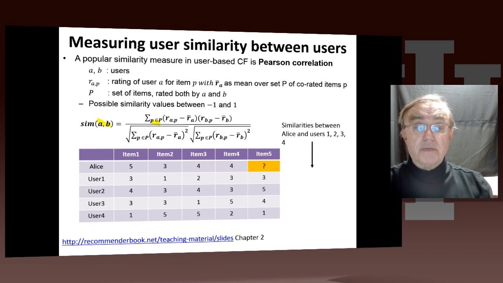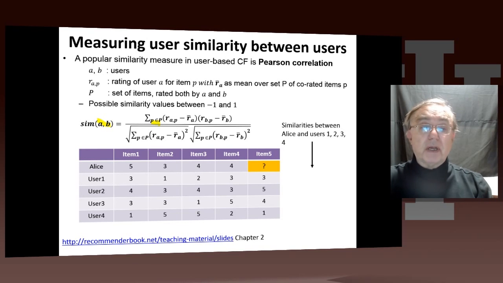You look at the rating of A minus the mean rating of A, the rating of B minus the mean rating of B, and you normalize by the square root of the sum of the squared ratings for A and B. It looks like a scalar product divided by a norm, and that's sort of intuitive. It's like the cosine of the angle between vectors.